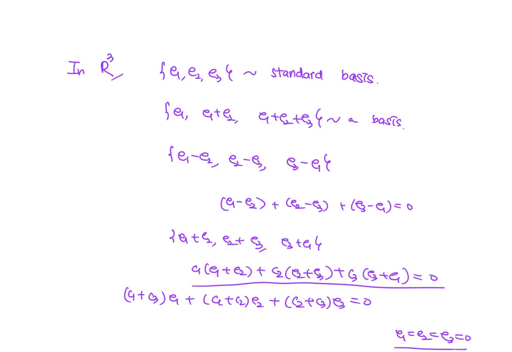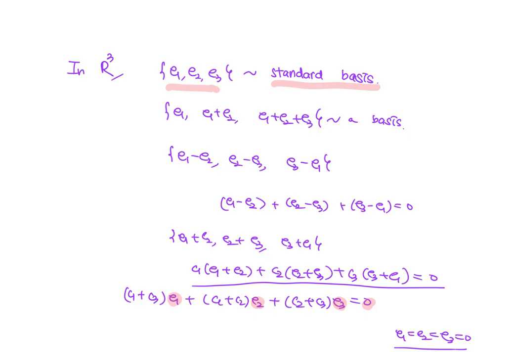Moments ago, I said E1, E2, E3 is the standard basis, so they are linearly independent. If you generate the zero vector from a linear combination of those three vectors, then the corresponding coefficients must be all zeros, right?